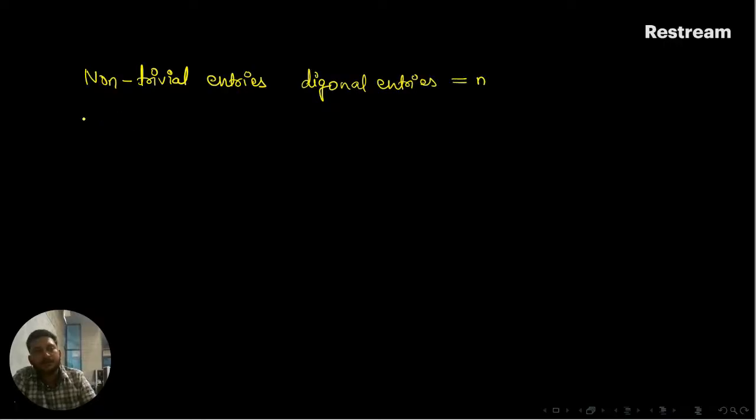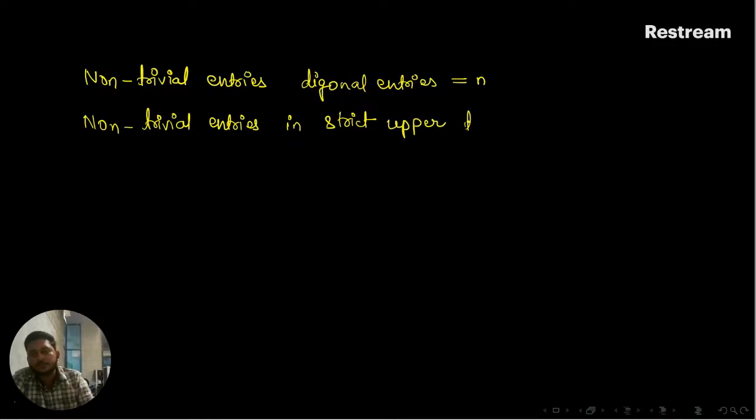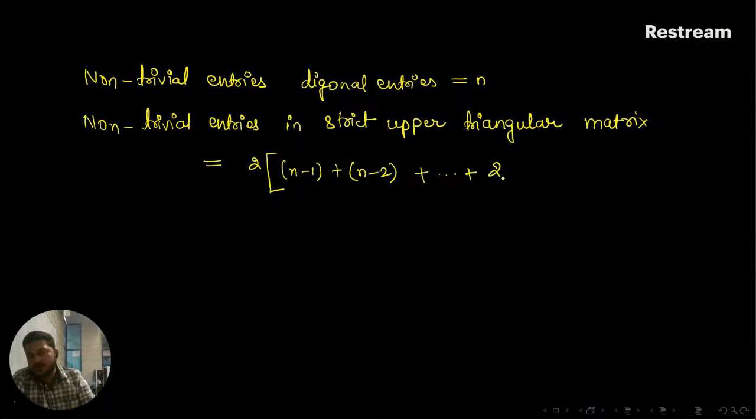Okay, and the non-trivial entries in the strict upper triangular matrices are equal to 2 times (n minus 1 plus n minus 2 plus ... plus 2 plus 1).